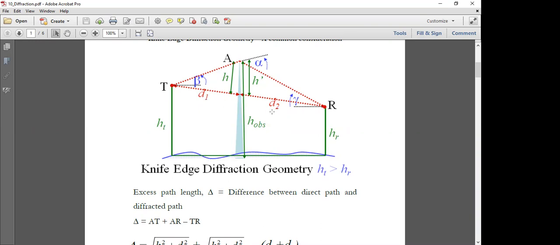Of course, it will be a little larger, but you just consider them to be equal. You may be given these values on the ground in the question, but you just assume that they are equal here.